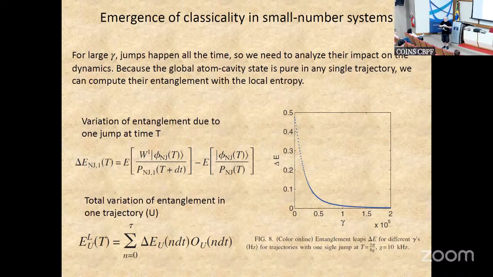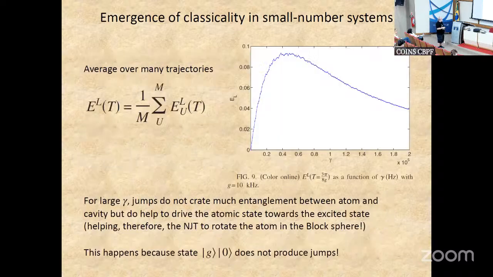And if the cavity field remains in its pure state the whole time, the approximation is that the atom times the cavity field is separable the whole time. So it's reasonable that this jump does not create entanglement between them anymore. This is for the large gamma regime.